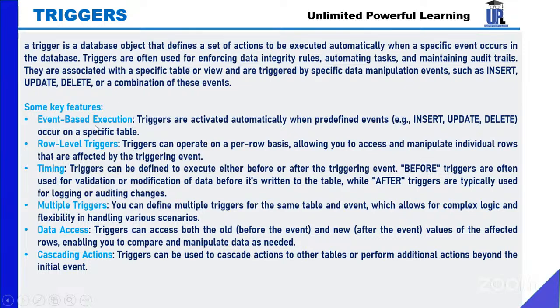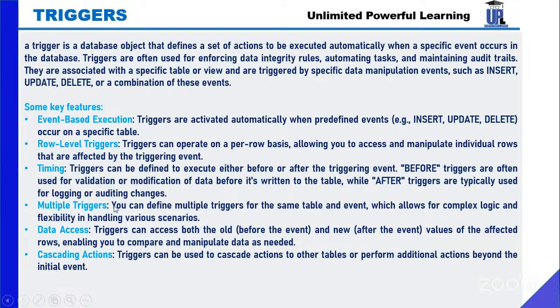So this is called an event-based trigger. Similarly, if I want to operate on a per-row basis, where for each record I want to do something, that is called a row-level trigger. At a particular time, I want to notify, for validation or something like that. That is called a timing-based trigger, which we can also do.